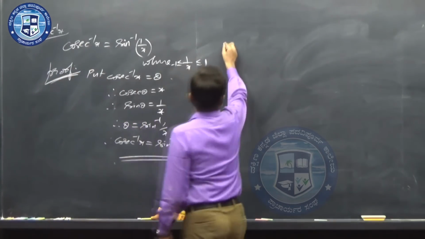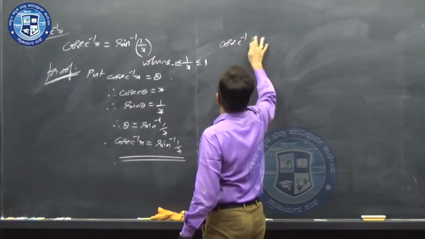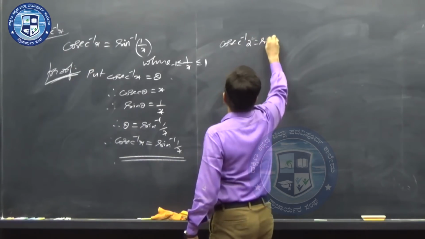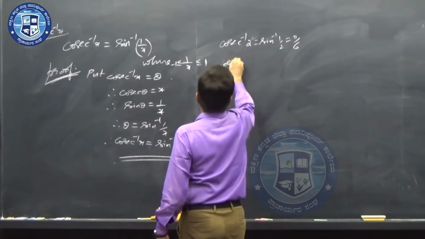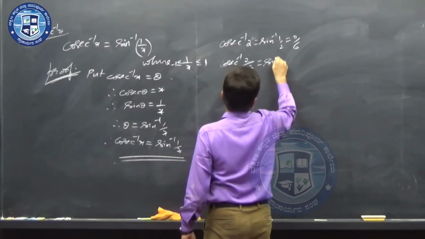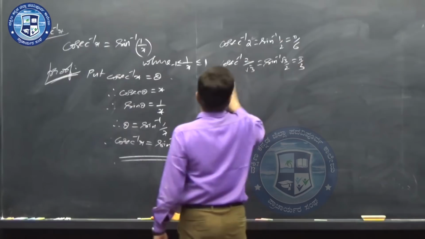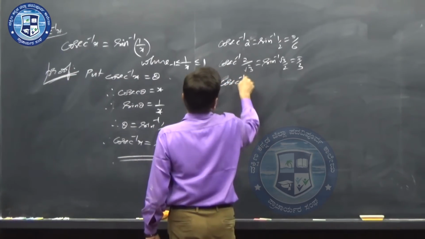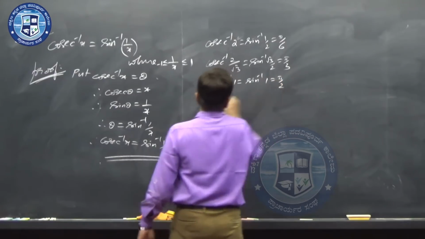Okay, you can take a lot of examples. Cosec inverse 2 is sine inverse half, that's equal to pi by 6. Cosec inverse 2 by root 3 is equal to sine inverse root 3 by 2, which is equal to pi by 3. Cosec inverse 1 is equal to sine inverse 1, that's equal to pi by 2.